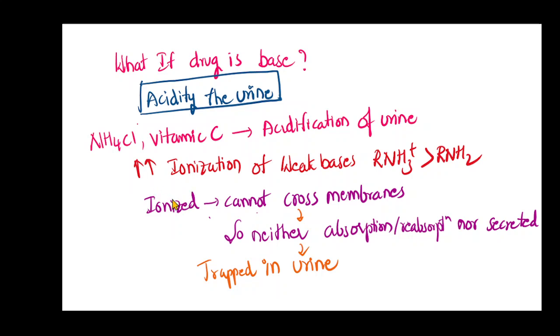Consider ionization of the weak base, RNH3 greater than RNH2. When the weak base is ionized, it would be trapped in urine, so it cannot be absorbed or reabsorbed, and it is lost in urine. How to acidify urine? By giving vitamin C and NH4Cl.